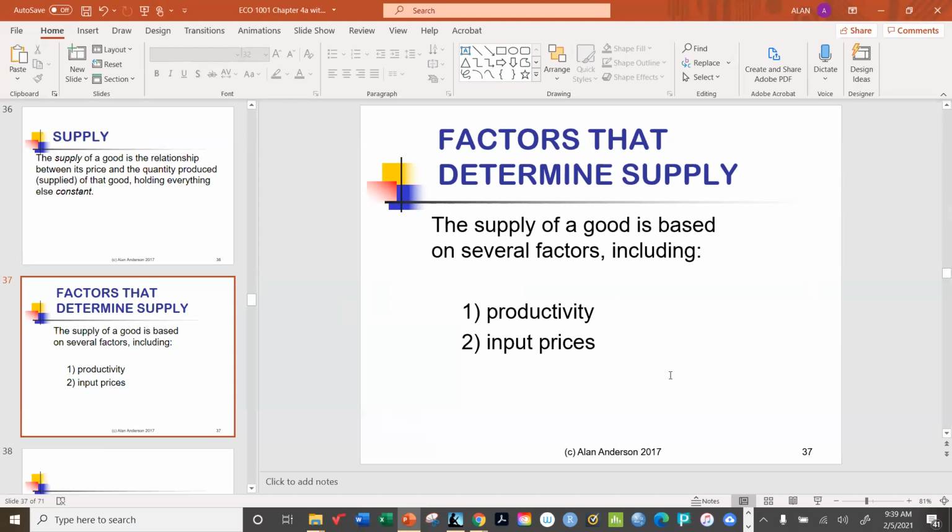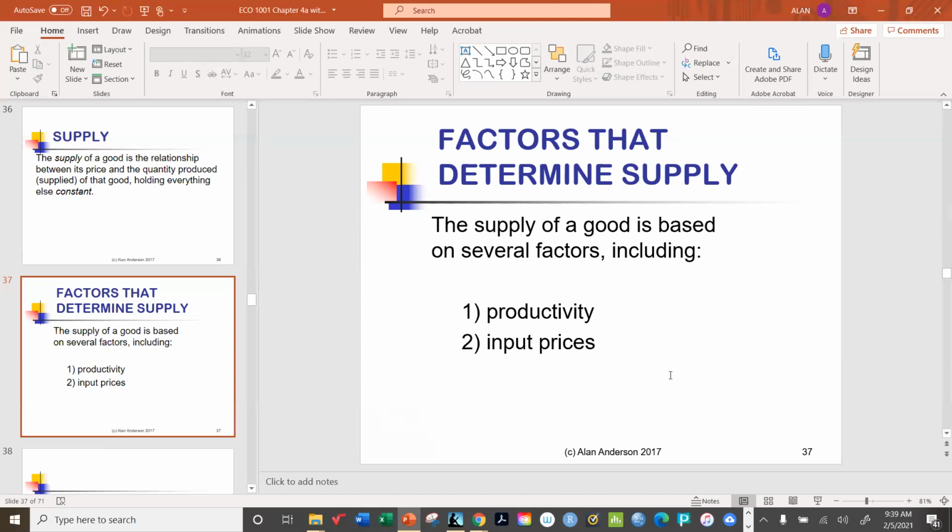Even if the price doesn't change, a MacBook Pro built in 2021 is going to be better than one built in 2017, because technology has improved. That increases Apple's productivity, and they can afford to give you a really sophisticated computer at a relatively low price. Now, the next one is input prices, which refers to the cost of production.